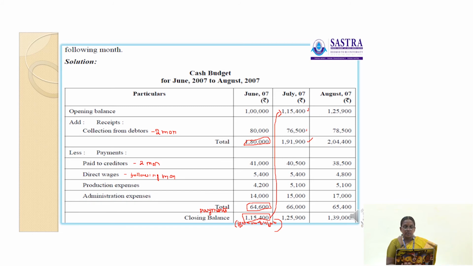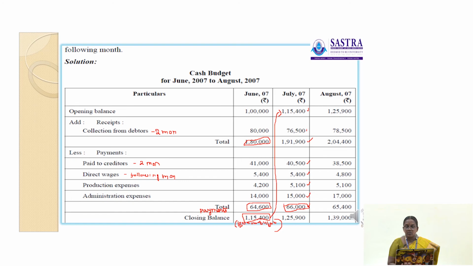Payments to creditors rupees 40,500, direct wages 5,400, production expenses 5,100, administration expenses 15,000. So the total expenses incurred for this month: 40,500 plus 5,400 plus 5,100 plus 15,000 is 66,000. The total cash payments are 66,000.